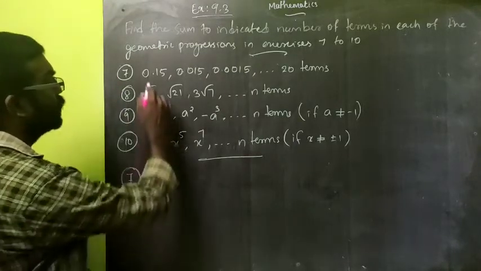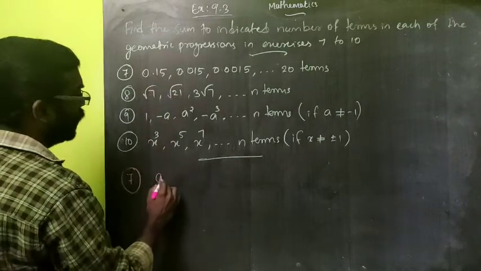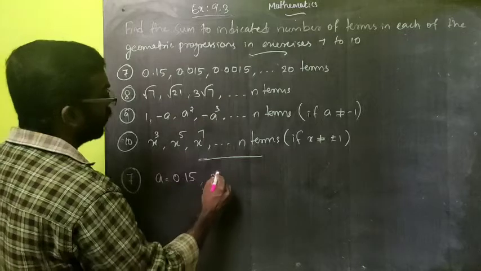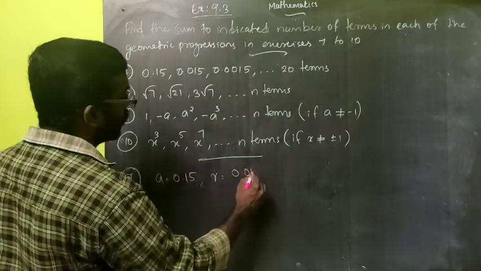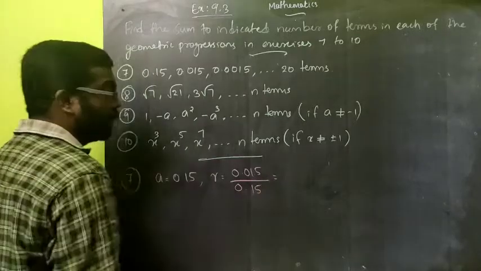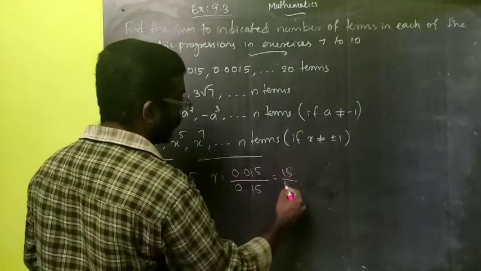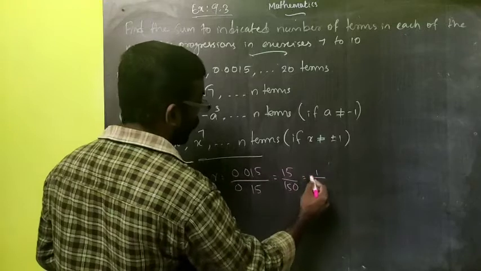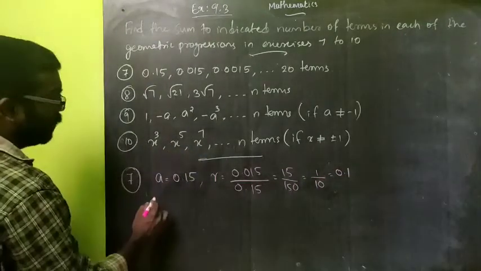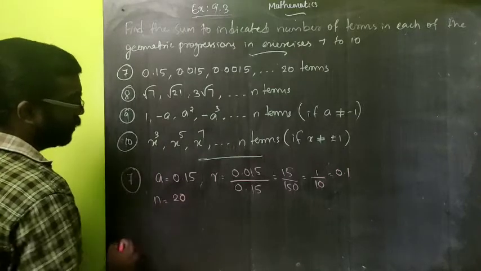Here we have a is equal to 0.15. Then r is equal to 0.015 divided by 0.15, or we can write 15 by 150, which gives 1 by 10, that is 0.1. And the number of terms is 20.